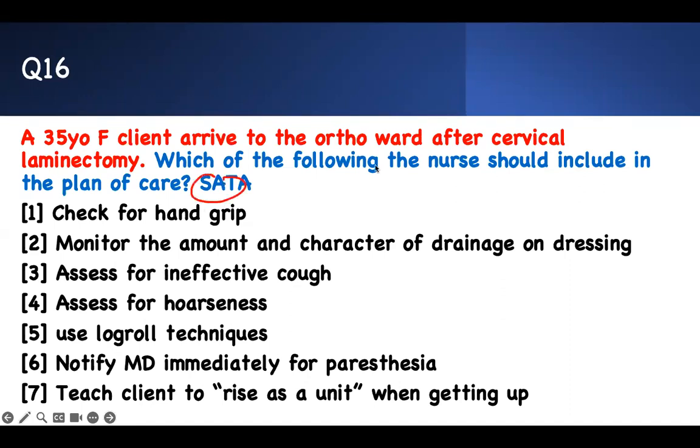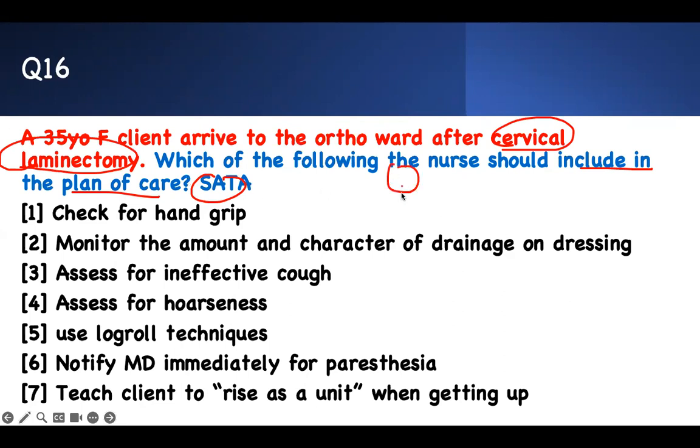Select or apply. Which of the following should the nurse include in the plan of care? A 35-year-old arrived to the orthopedic ward after cervical laminectomy. Fancy word. All it means is I do laminectomy. This is removing the lamina of the cervical spine.